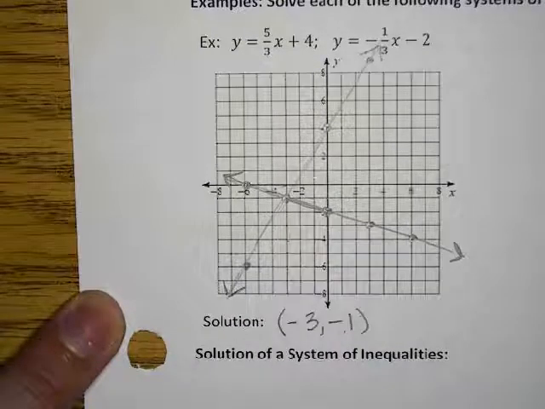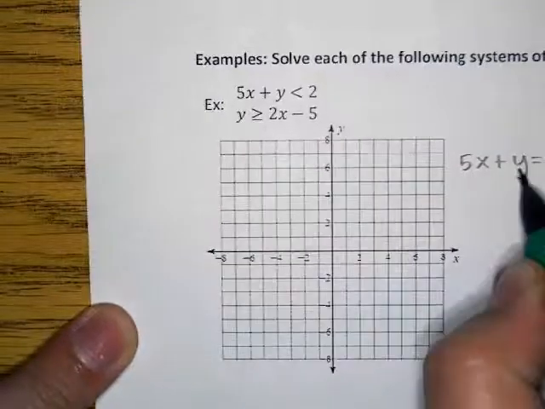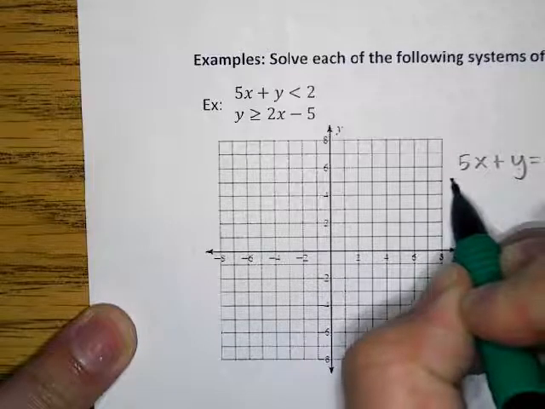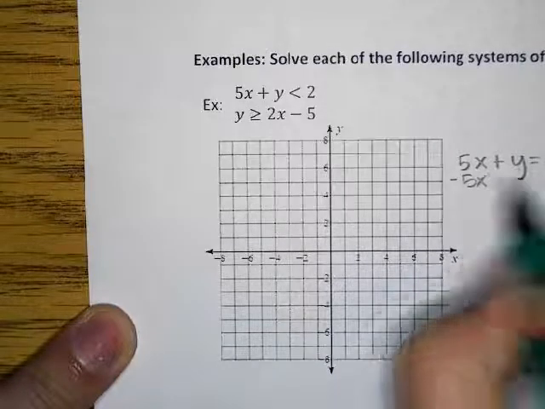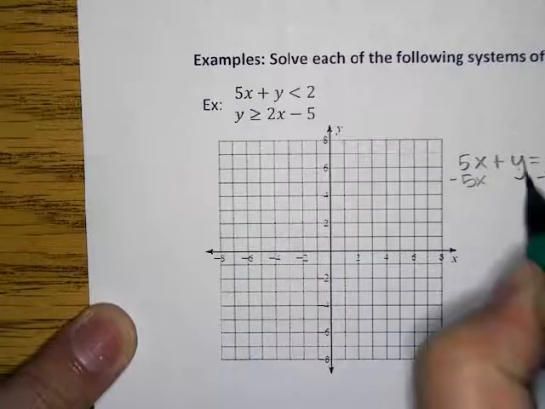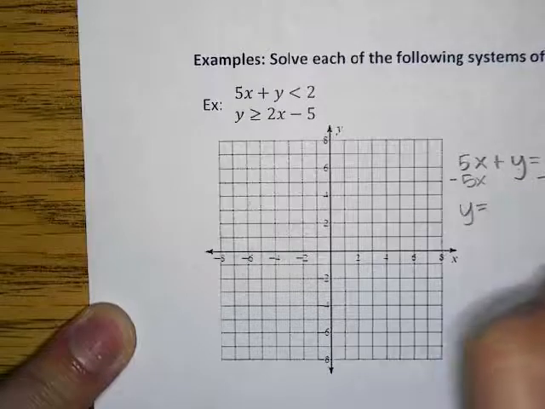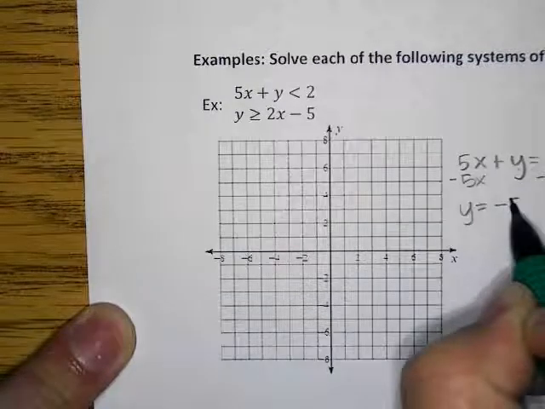Those are a little bit easier to deal with graphing. And so I want the y alone, and that means I'm going to take the 5x, and since it's positive I'm going to subtract it over to the other side. And so I have y equals negative 5x plus 2.